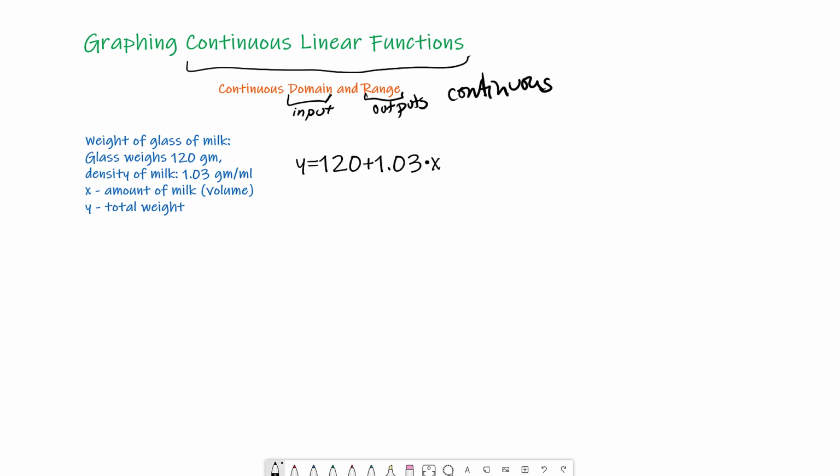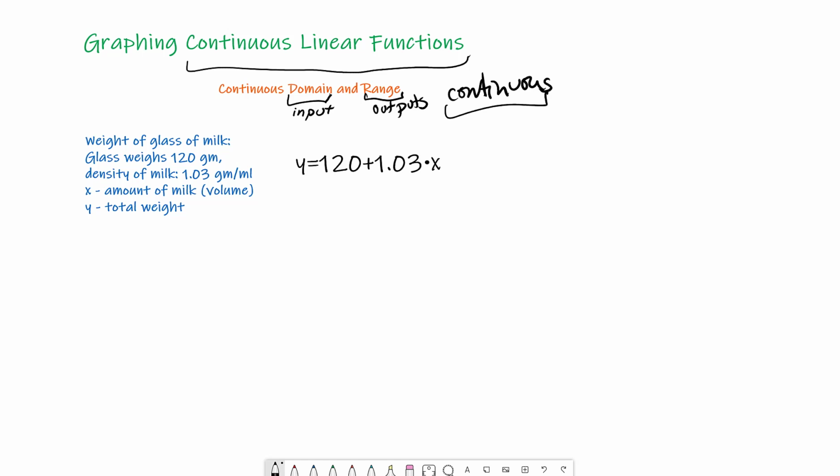And the same goes for the range. In the case of a linear function, if we have a continuous domain, we also have a continuous range. We can't have jumps or discrete points in our range if our domain is continuous.